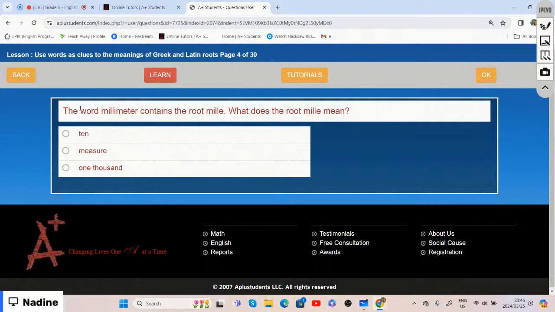So basically, the Latin number is written mille. That is why we say it is Greek and Latin roots.